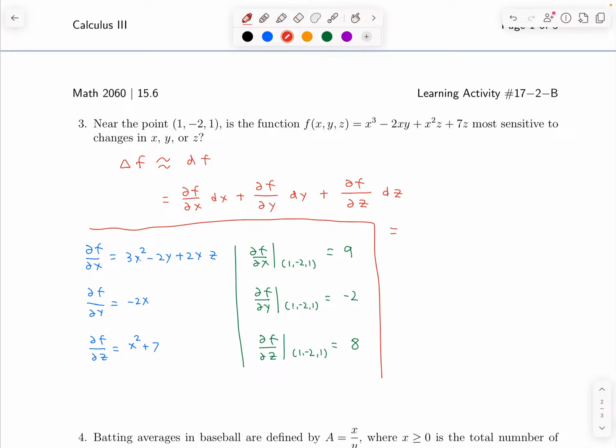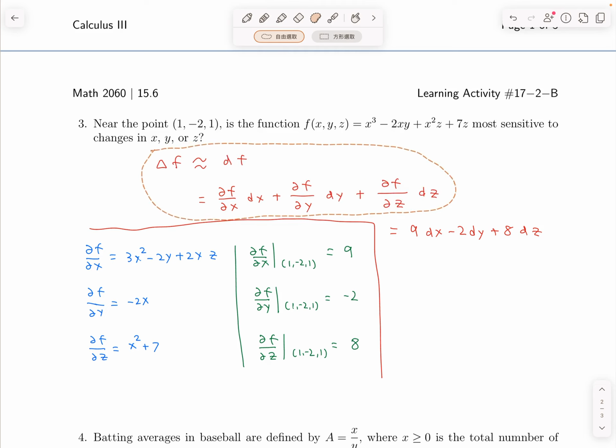Your partial with respect to x at the specific point is 9, so I have 9 dx, and then minus 2 dy plus 8 times dz. Well, I have an idea. How about this? Yeah, that's better.